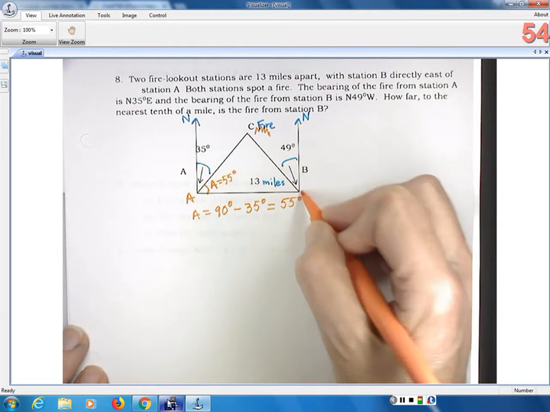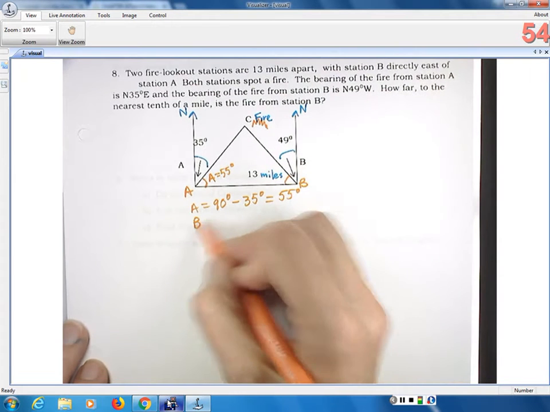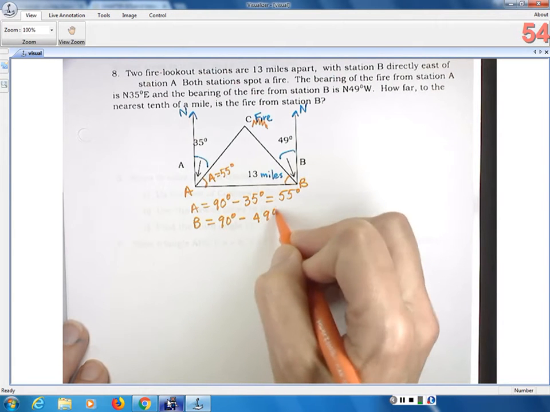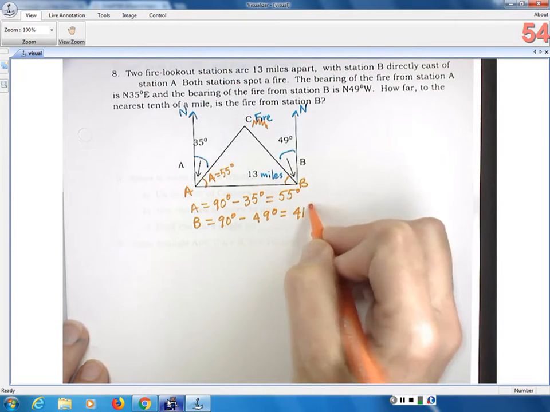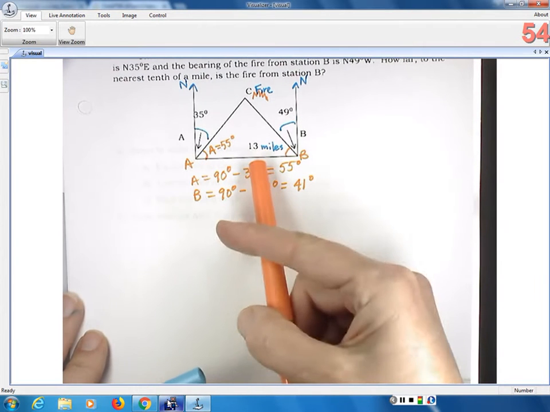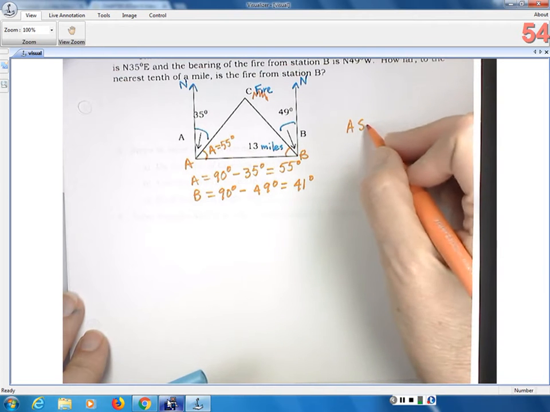And we'll call this B here, and B is 90 minus 49, and that's 41 degrees. Okay, so we know 2 angles and a side in between them. So we know angle, side, angle.